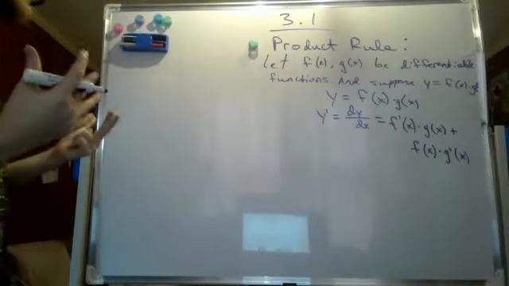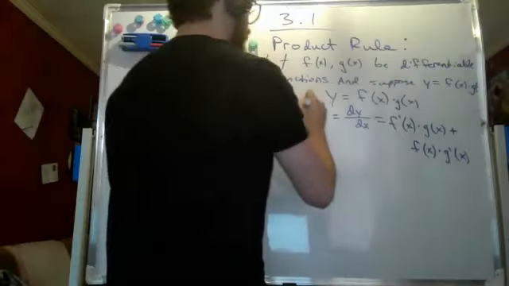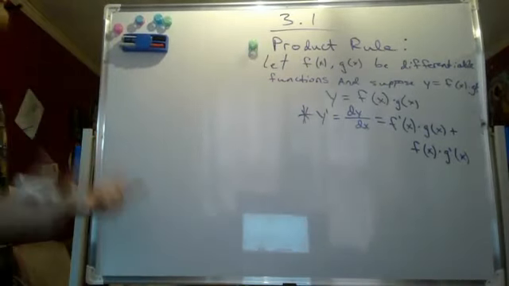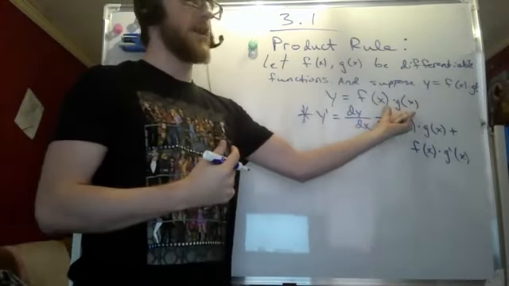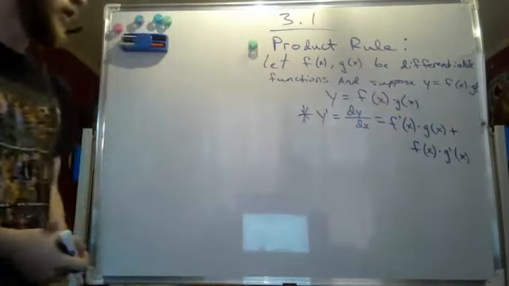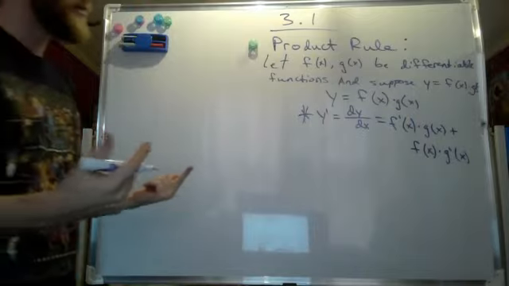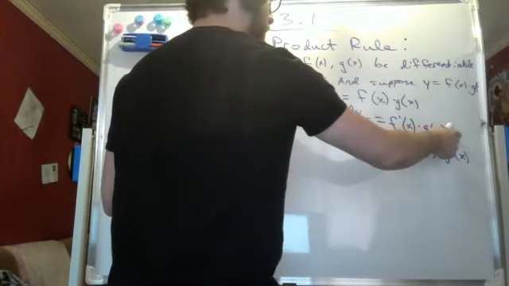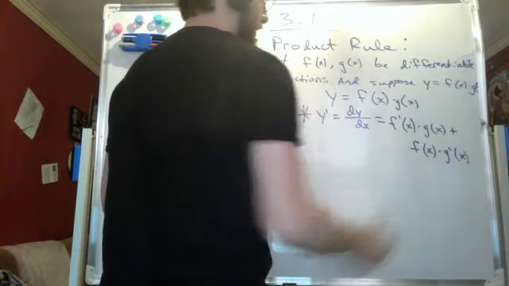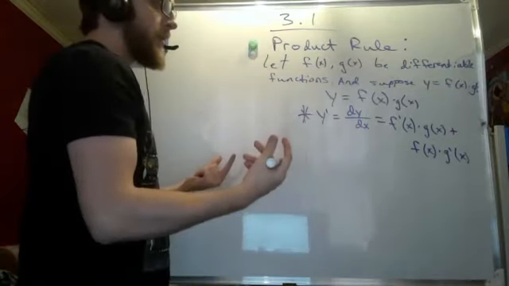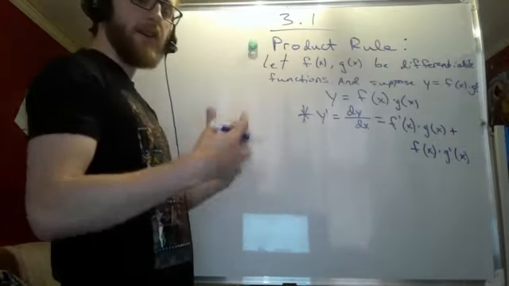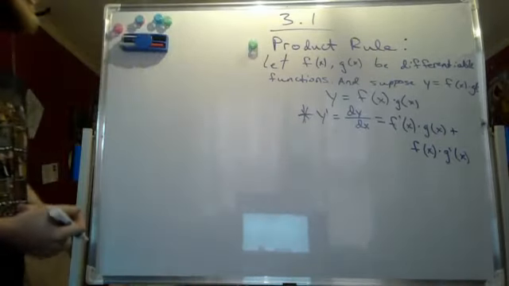And that's it. This is the product rule. This is the derivative when you have a function times another function. So really, it's not so bad to memorize. Just remember that it's the derivative of the first times the second plus the first guy times the derivative of the second. You're going to take the derivative of both of them, multiply them against the other without the derivative, add them together, and that's it. It's not too complicated.